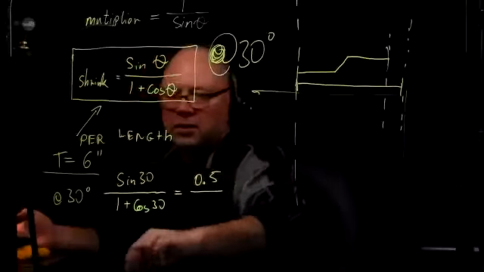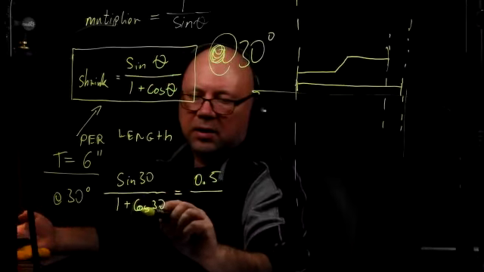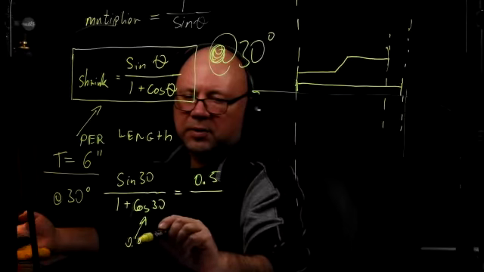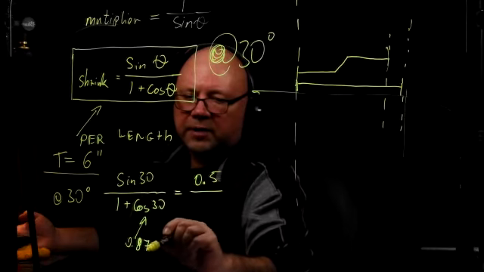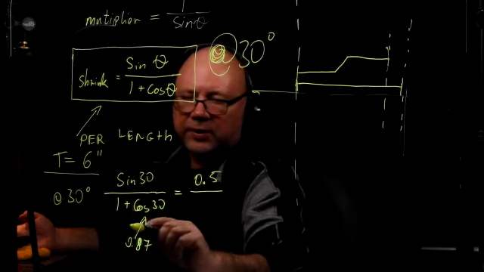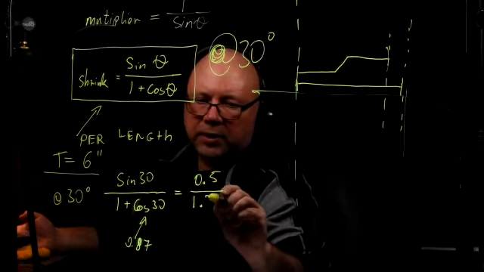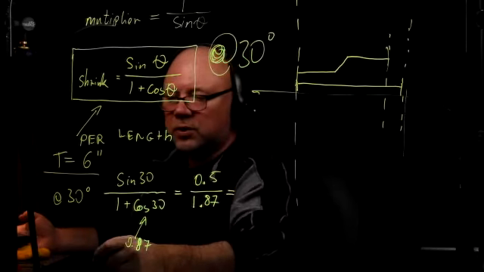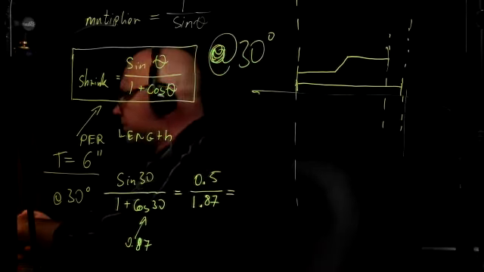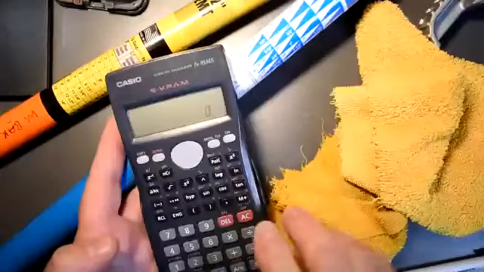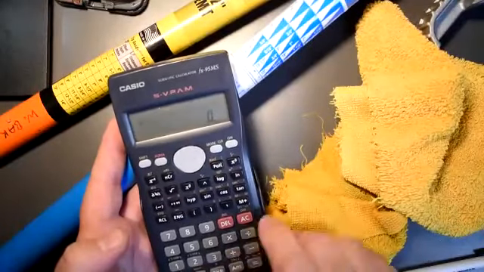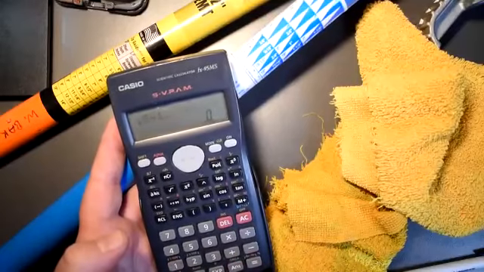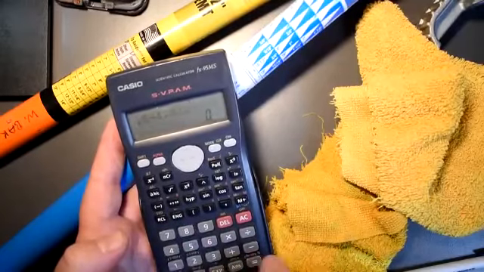So cosine equals 0.87 right here. So add 1 to it. We're going to have 1.87. Let's calculate that. What number are we going to get? All right. 0.5 divided by 1.87.